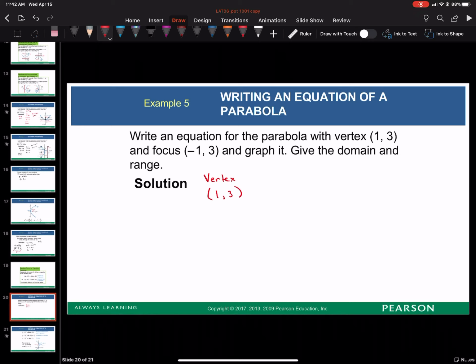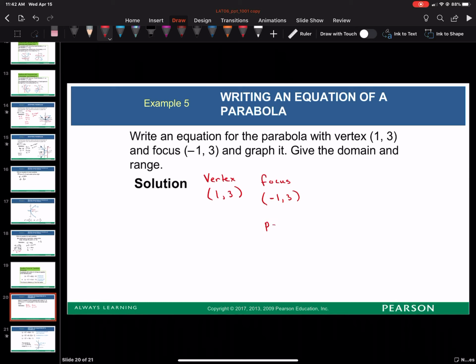They gave us a focus of (-1, 3), right? But we have to figure out what our p is. The p is the absolute value, so it's the distance between the vertex and the focus, right?